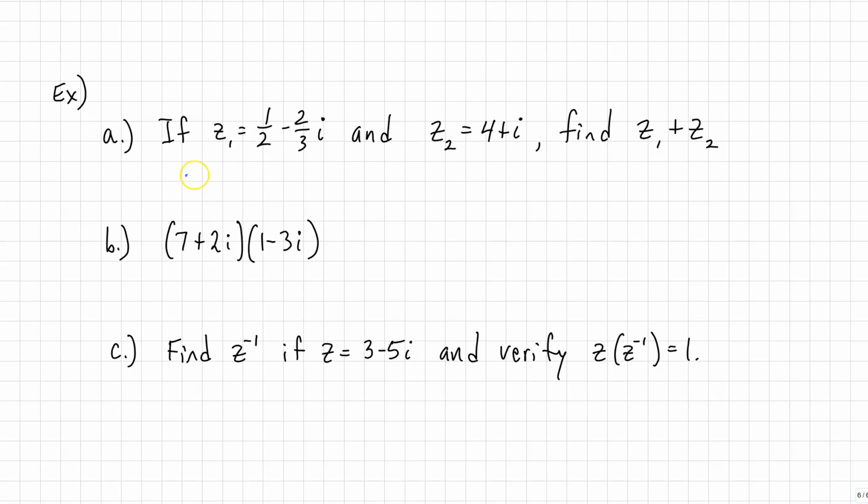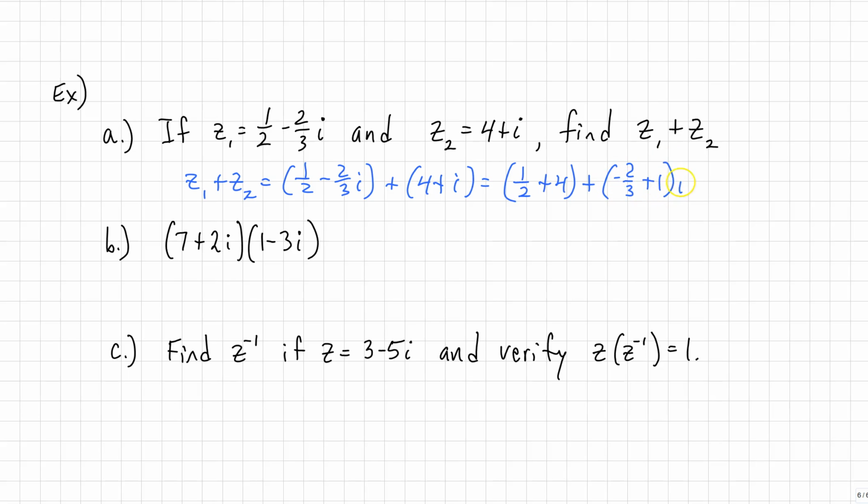So z1 plus z2 would be 1/2 minus 2/3 i plus 4 plus i. If you combine the real parts, you'd have 1/2 plus 4, and then combine the imaginary parts, you'd have negative 2/3 plus 1i.